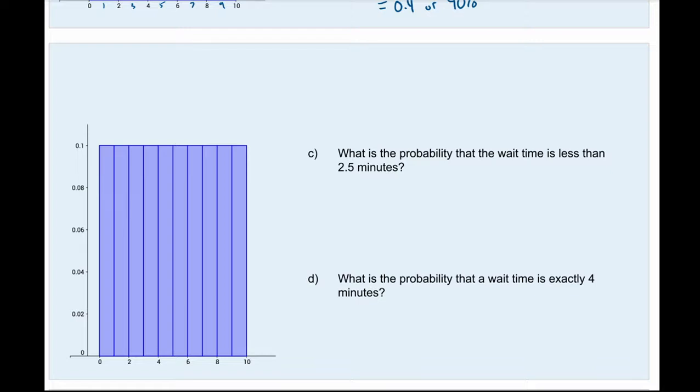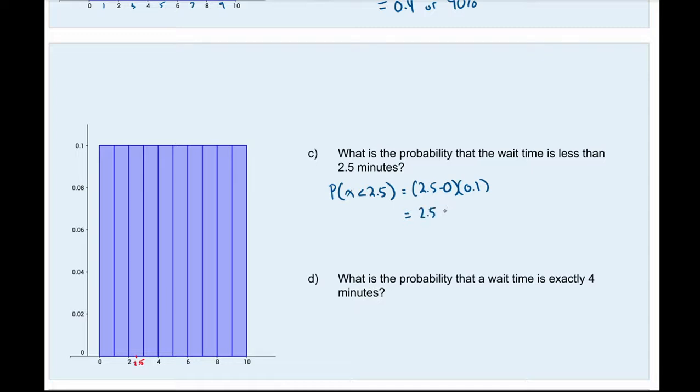C, what is the probability that the wait time is less than 2.5 minutes? So we can't really see 2.5, but if I was to make a mark at roughly 2.5, and I wanted to find the area again underneath my line, the probability of it being less than 2.5 is going to equal, again, because I'm finding the area of the bars that represent this, 2.5 minus 0 for our width, and then multiply by 0.1 for our height.